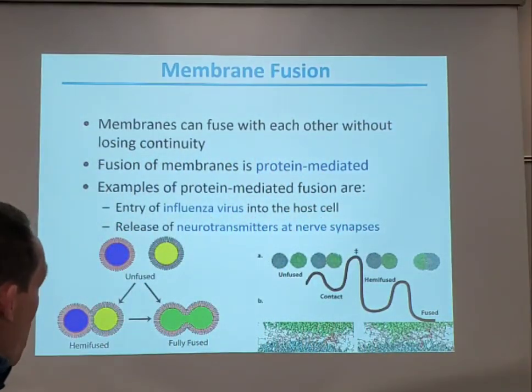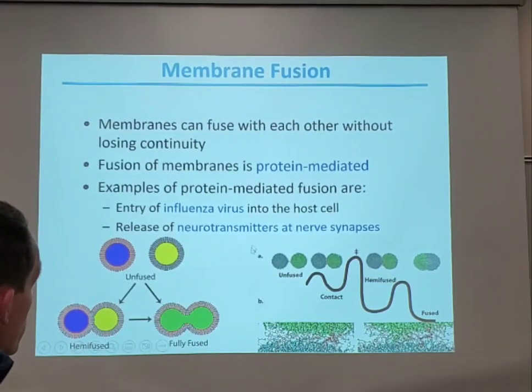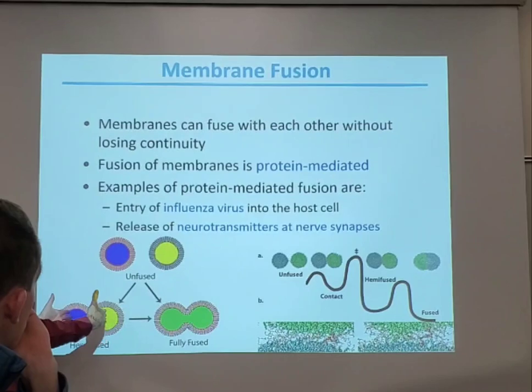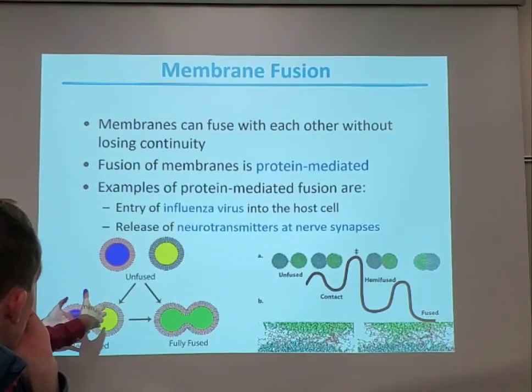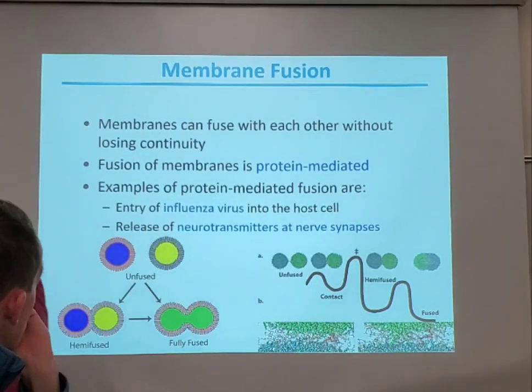You'll also see neurotransmitters that we're going to get to that are part of that. Turns out that these are protein-mediated things. So we're trying to get these phospholipid bilayers together, and they're experiencing repulsion, and we've got to overcome that repulsion, and we're doing that by using proteins.